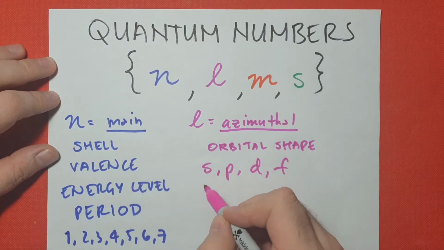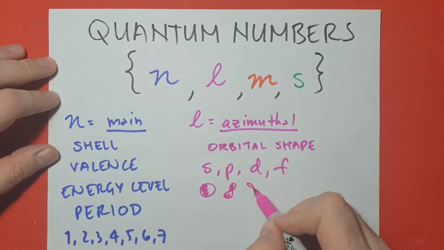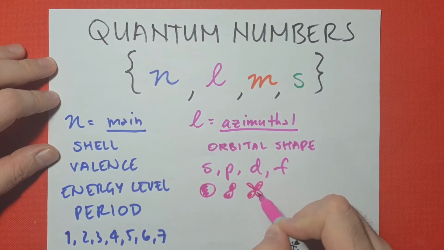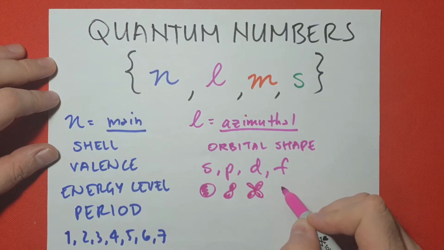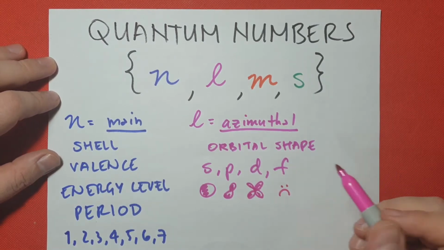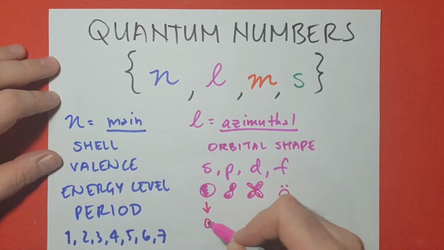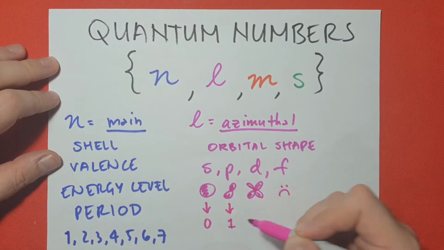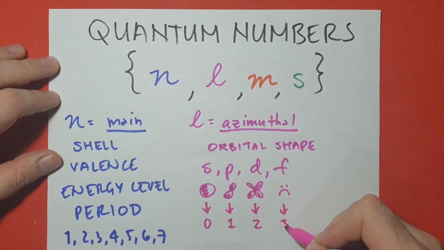Okay, so remember, S is sphere orbitals, P is dumbbell-shaped orbitals, D is that flower kind of shamrock shape, and F is really difficult to draw. So we're going to leave it at that. But the possible values for this is S is always 0, P corresponds to number 1, D corresponds to number 2, and F corresponds to number 3.